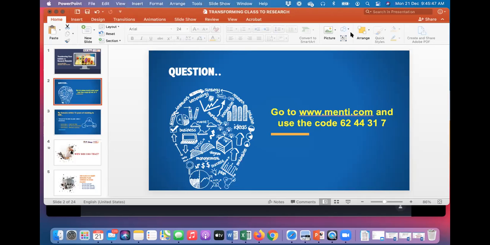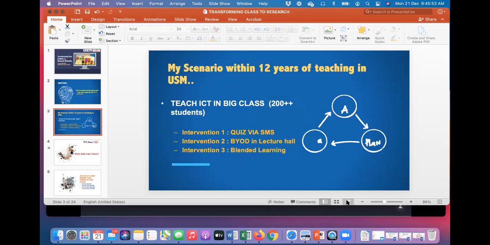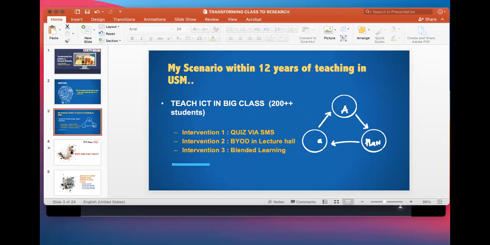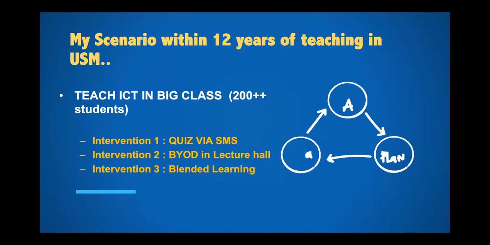For me, it is quite hard to enter because my field is too general. People always do interventions, especially in teaching and learning, because my field is ICT, but in education.